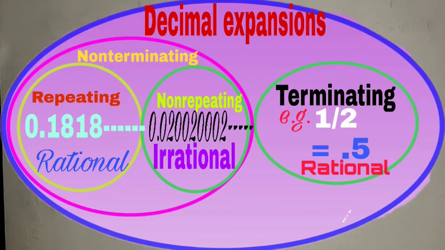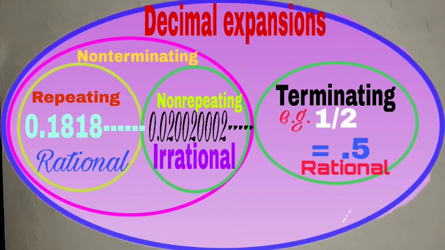And in the other circle you can see terminating. If we divide 1 by 2, we will get 0.5. That number is exactly divisible, and the remainder becomes 0 after some step. So you can see in the circle diagram, terminating and repeating decimal expansions are rational numbers, and non-terminating, non-repeating decimal expansion is an irrational number.